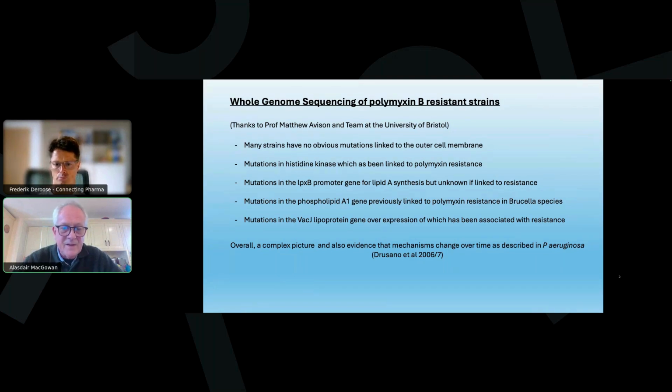So I think this really shows us that our previous thoughts about the underlying mechanisms of emergence of resistance in these models, which we used to say, oh, it's up regulation of efflux pumps, and then we get some target site mutations, which is based on the work of George Drusano, which is now about 15 years old, is probably not correct.